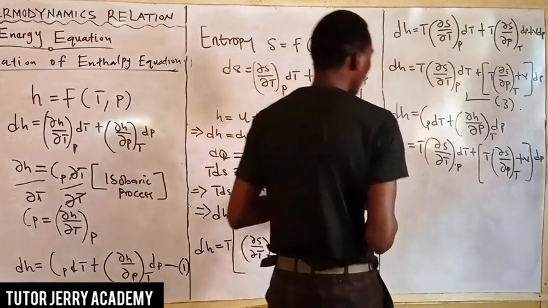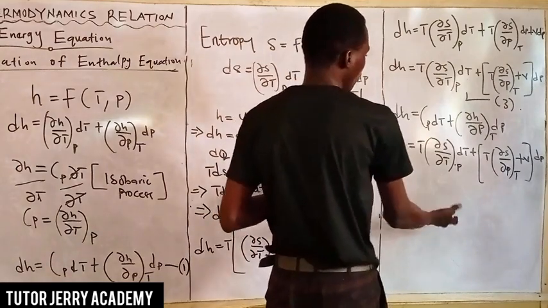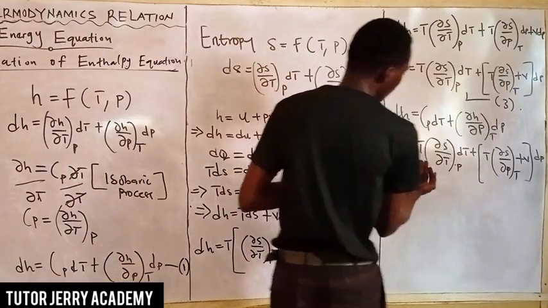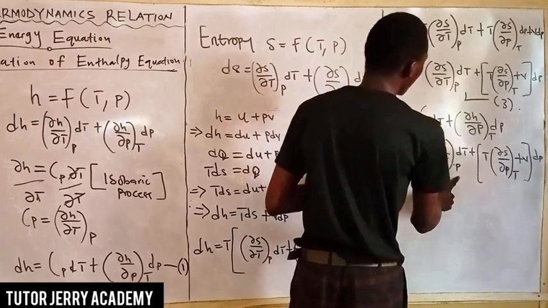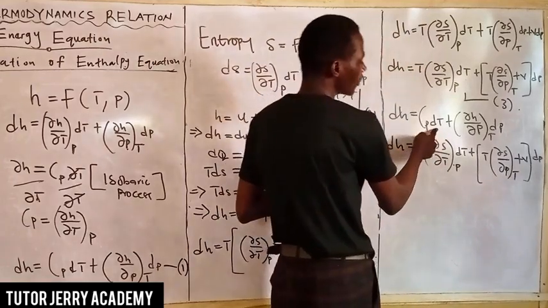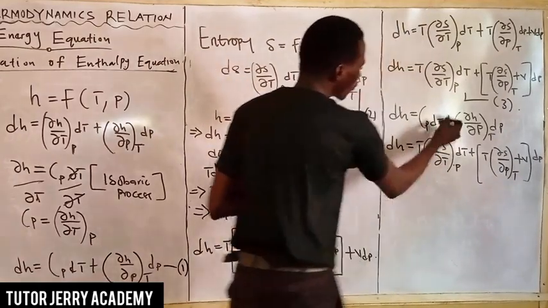So if you compare both equations, you can see that the coefficient of dT is T into the partial derivative of S over the partial derivative of T, keeping P constant, and the coefficient of dT here is Cp. So we can equate both equations.